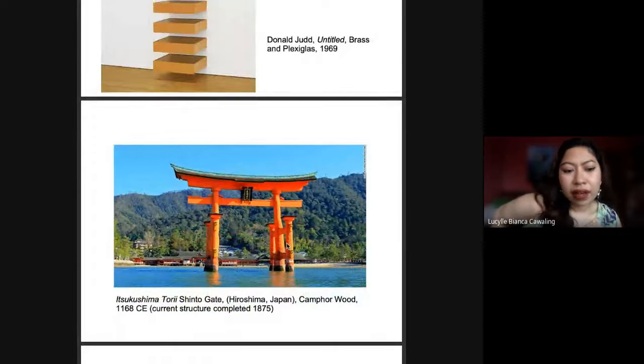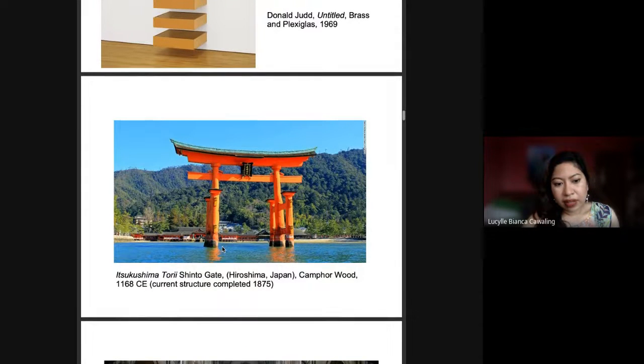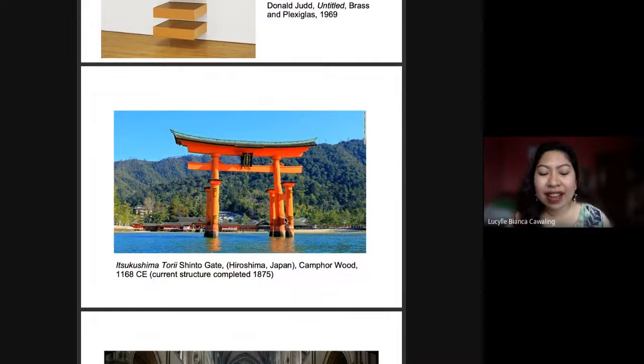And another is this one by Itsukushima Torii. This is a Shinto Gate, and this is like a gateway to the other world. That's what they believe in. So this is another architecture that uses space.